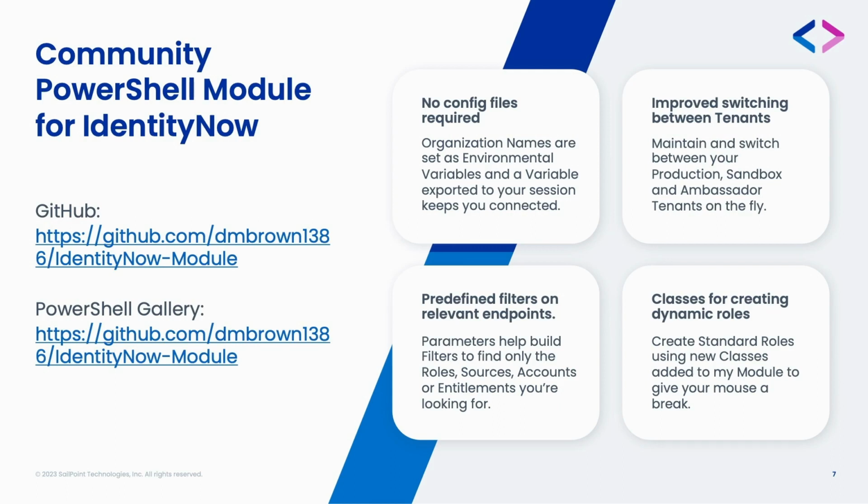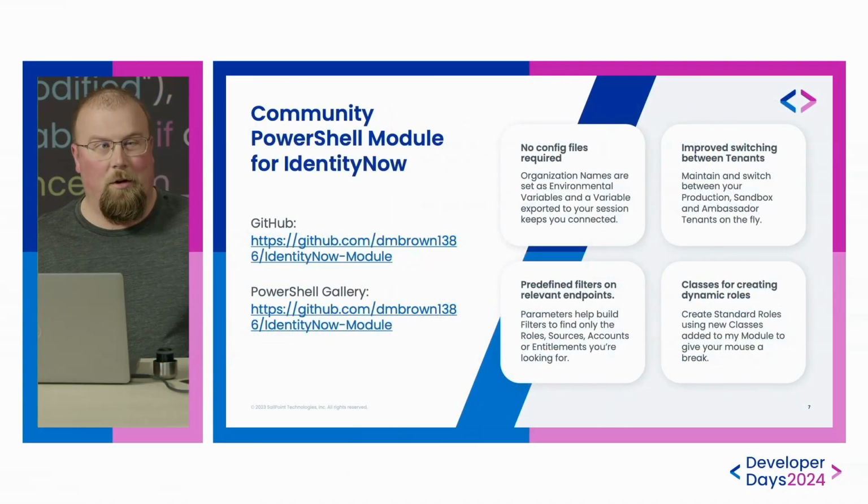Last year, all the commands were defaulted to go against your production tenant. So if you wanted to switch over to Sandbox, you had to call that out on every single command. Now I have it set that you can control what the default tenant is, and I've even added support for ambassador tenants. So the get token command is the only one that is still defaulted to production. After that, whatever your default tenant is what they'll run against unless you override it with that instance parameter.